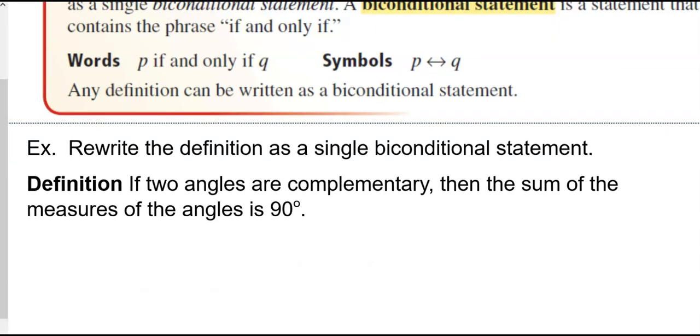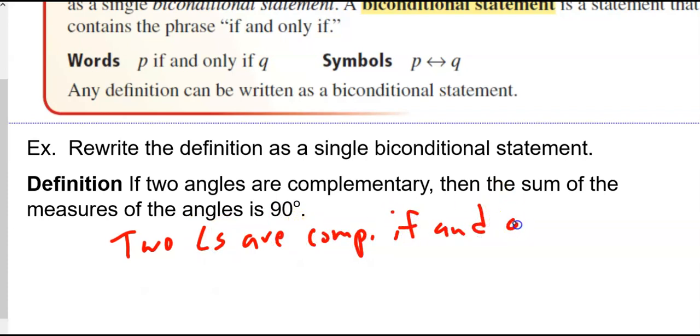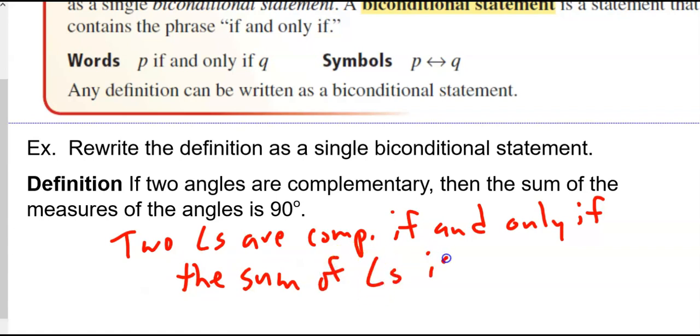So, if two angles are complementary, if and only if the sum of the angles is 90 degrees. So that would be an example of a biconditional statement using the words if and only if.